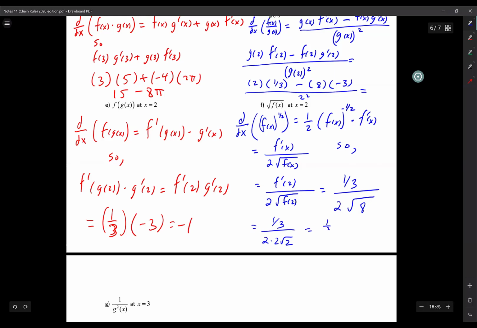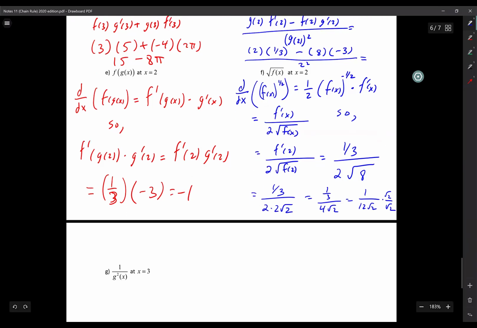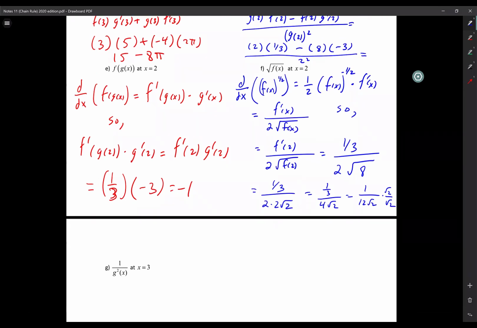So 1/3 over 4 square root of 2, 1 over 12 square root of 2, and times square root of 2 over square root of 2. I'm going to put it right up here, guys. 1 square root of 2, square root of 2, 12 times 2 is 24. There we go. Square root of 2 over 24.